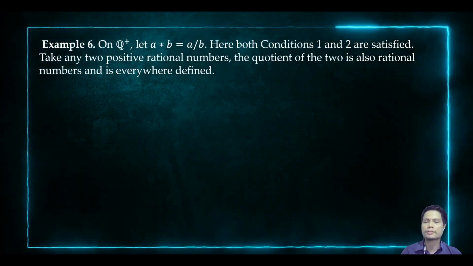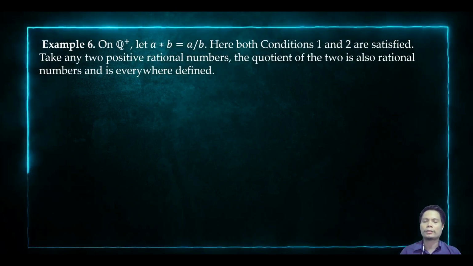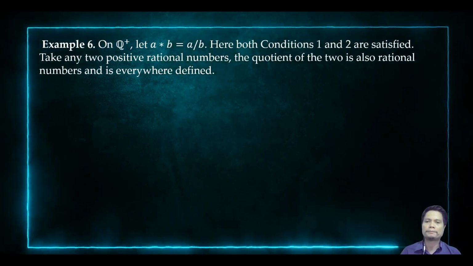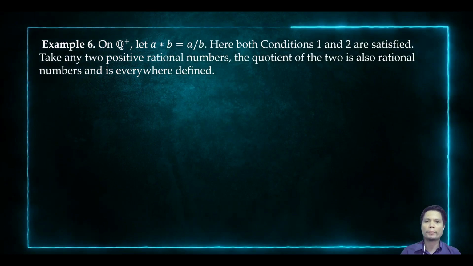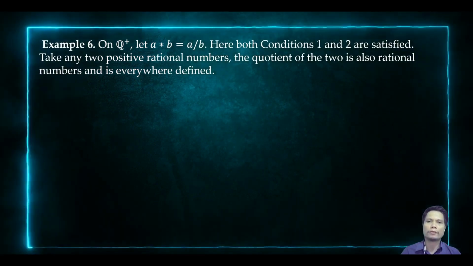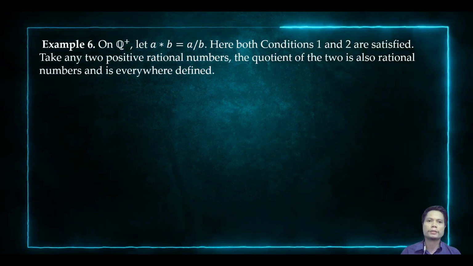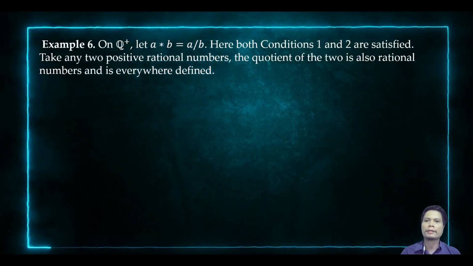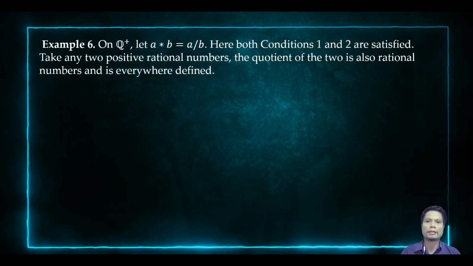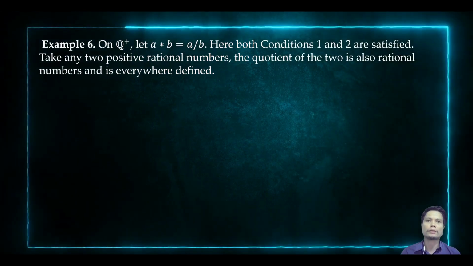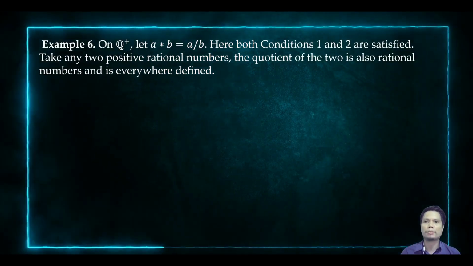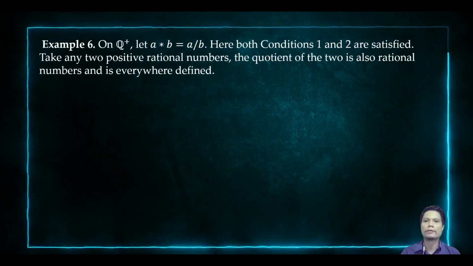Example number 6. On the set of positive rational numbers, let a binary operation b is equal to a over b. Here, both conditions 1 and 2 are satisfied. Take any two positive rational numbers. The quotient of the two is also a rational number, and it is everywhere defined.